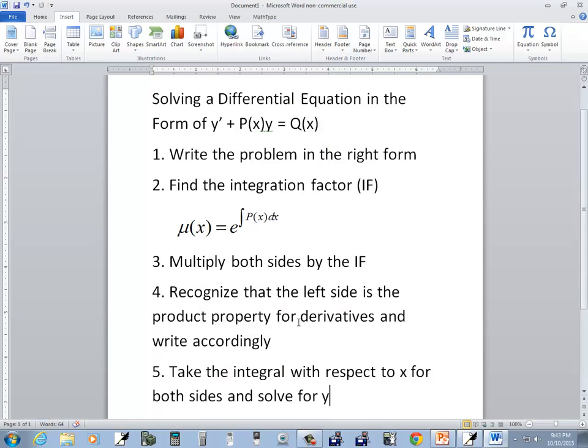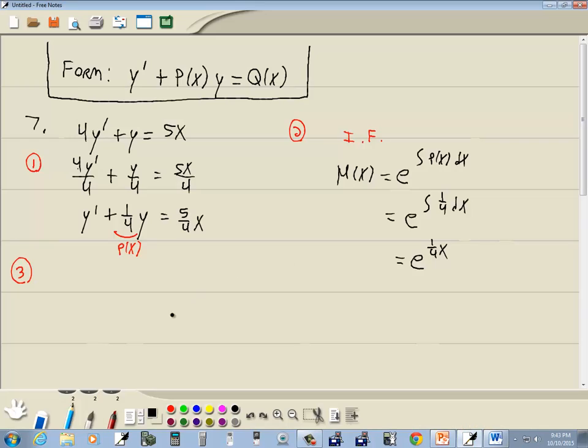Step 3. Multiply both sides by the integration factor.